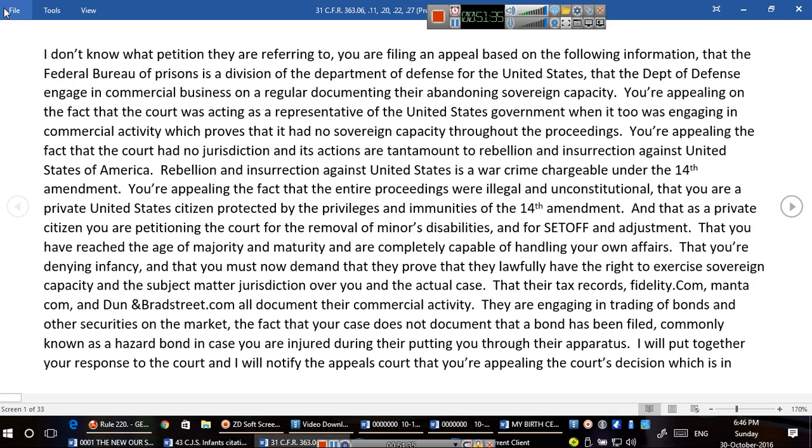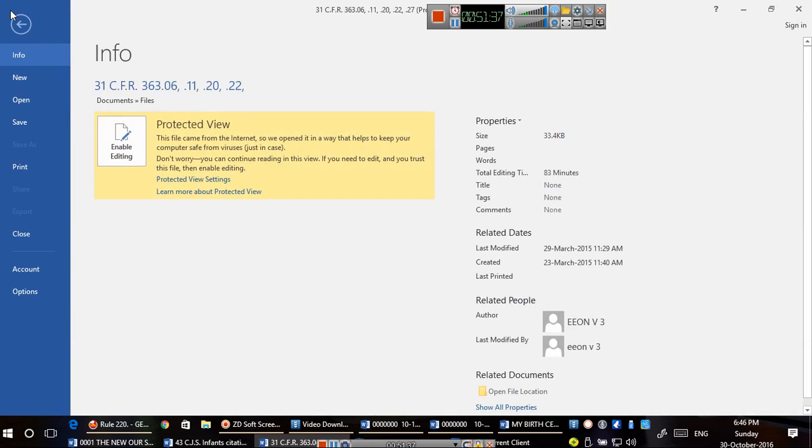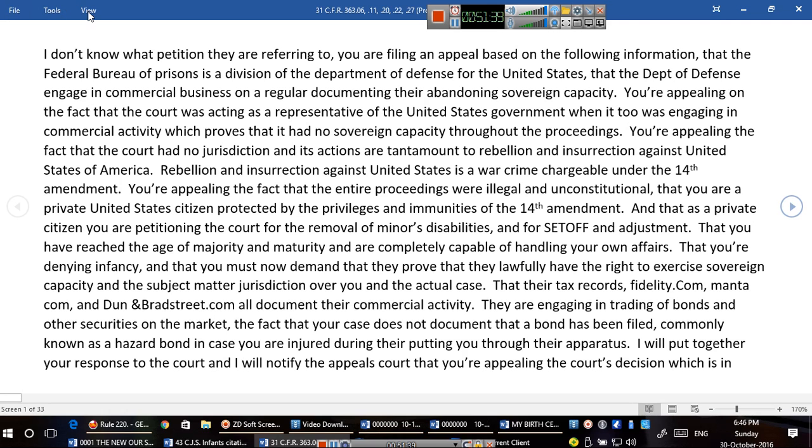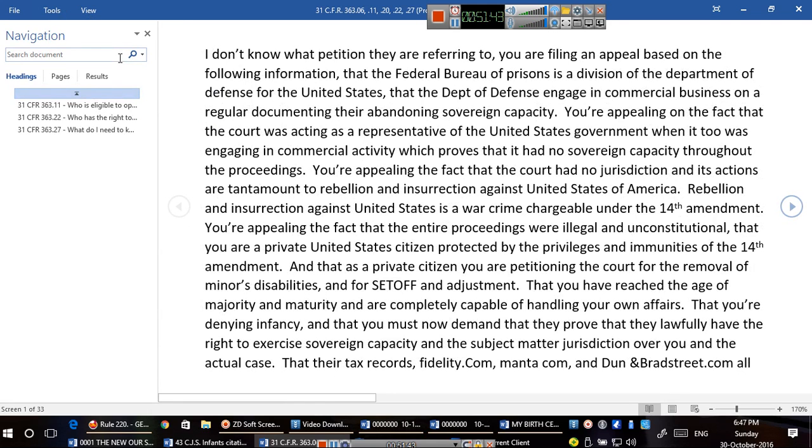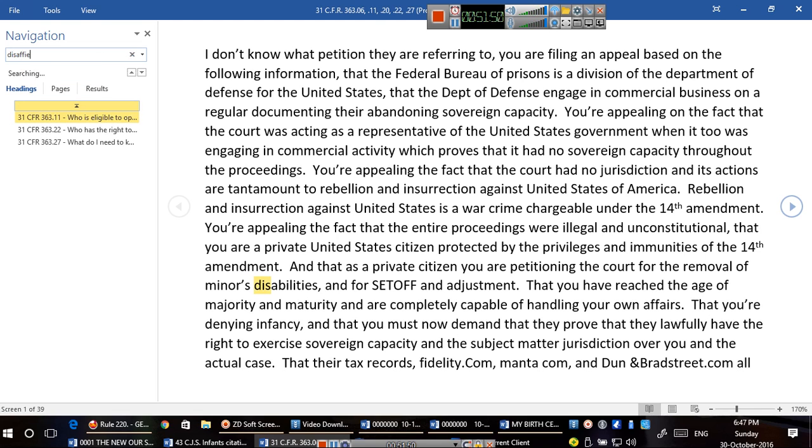So let's, no, we don't want to do that. We want to do the view. Let's do the navigation, because I want to do disaffirmance. D-I-S-A-F-F-I-R-M-A-N-C-E. Disaffirmance. Okay.